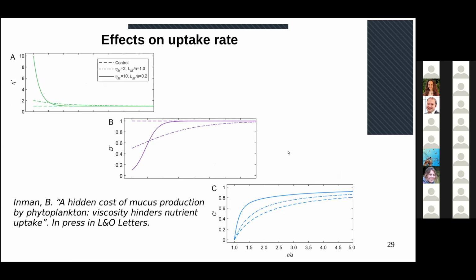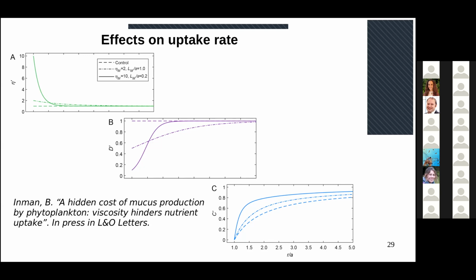So one of the possible implications of this is that the presence of this EPS layer around the phytoplankton can decrease the diffusion of the inorganic molecules that the phytoplankton need to grow, and therefore decrease uptake rates and decrease the growth rate of phytoplankton.